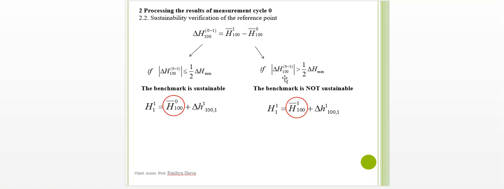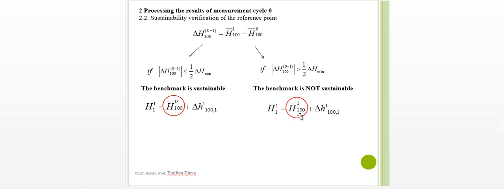But if the difference between the two cycles is bigger than half of the delta H minimum, this means that the benchmark is not sustainable, and in that case, here we need to use the height of the reference benchmark from the current cycle.